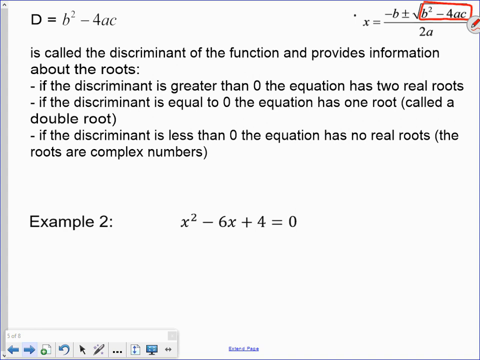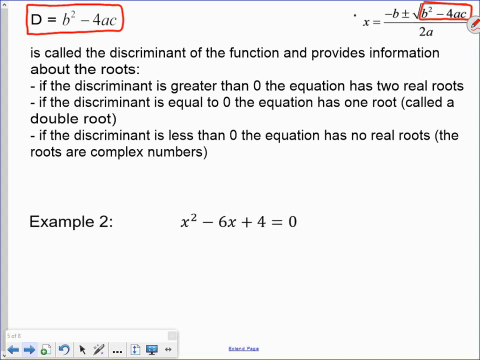I'm going to bring that out and make it a separate calculation. And I'm going to say that this is equal to d. So this value, b squared minus 4ac, or d, is called the discriminant of the function. And it actually gives us some information about the roots, or the solutions, to the equation.